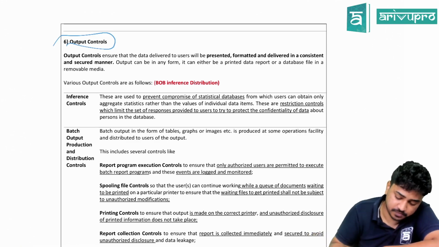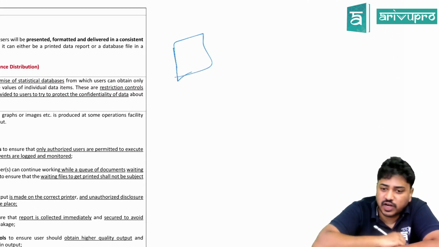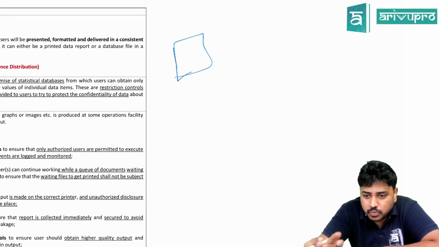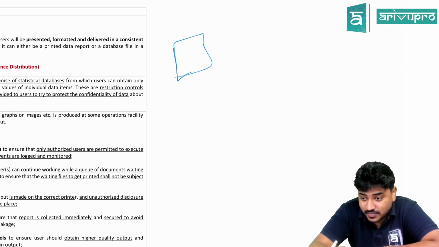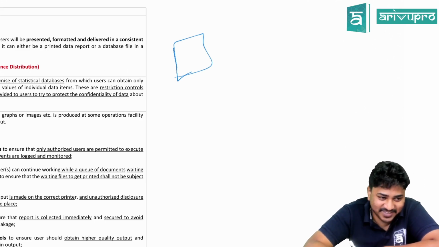Now, output control. Let us see. The functions of an information system you have studied, no? Input, processing, output, storage, and feedback. Good, very good.